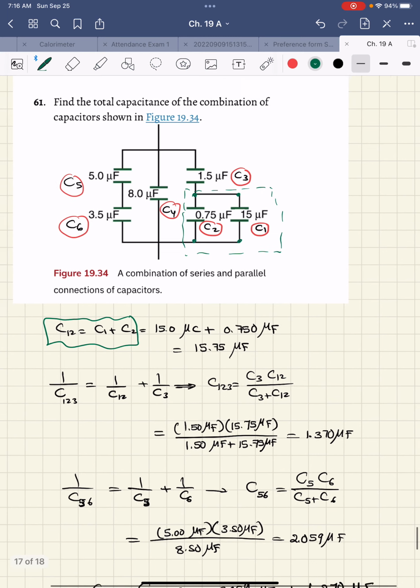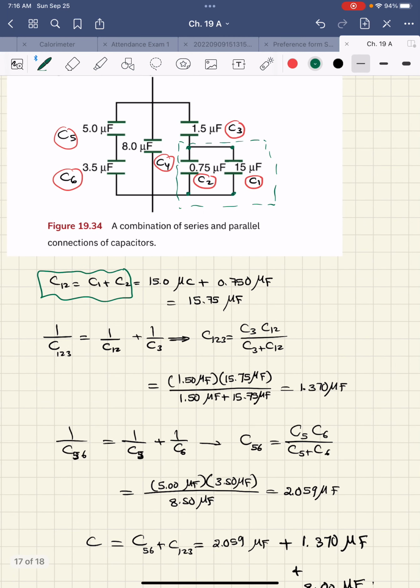Now, my new arrangement is going to be, that one is the 1.5 microfarad, and I can replace the 2 by just 1, which is the 15.75.